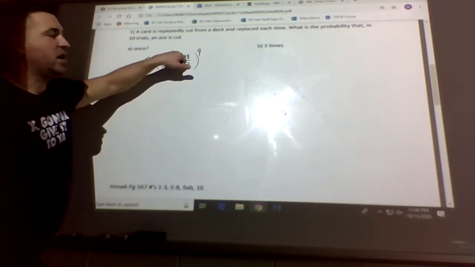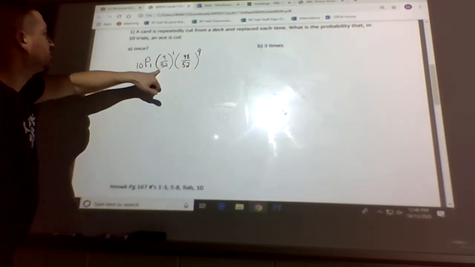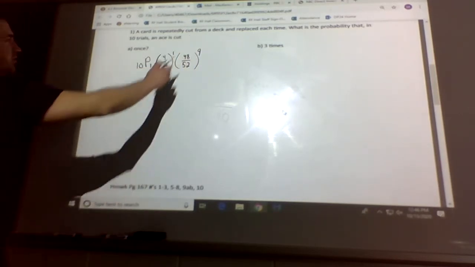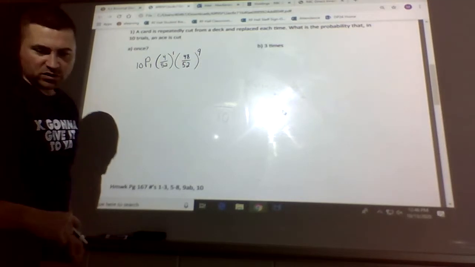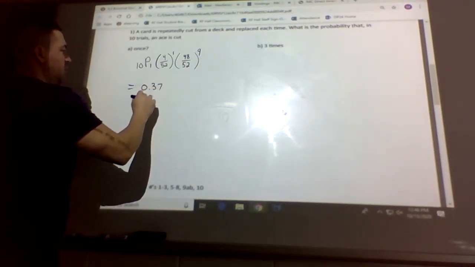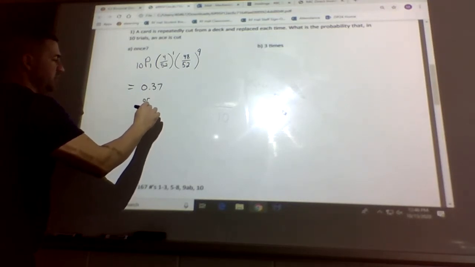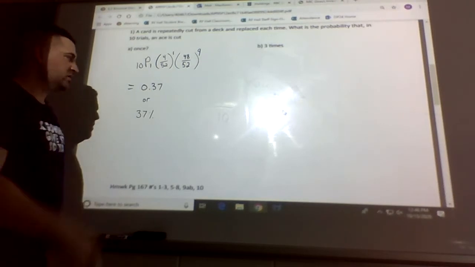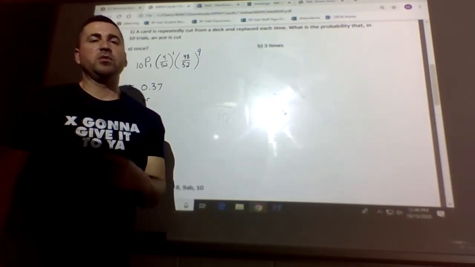So we just want one ace from this probability, and 9 other trials to get the rest of the cards. If you plug that in, I got 0.37 or 37%. So if you were to cut a card 10 times from a deck of cards, there is a 37% chance there will be one ace.